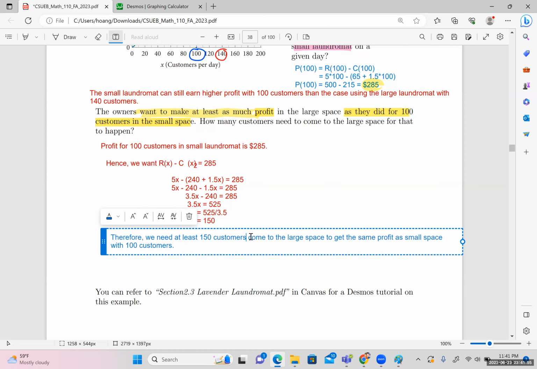All right. So if you want to make more, the profit has to be greater than or equal to the profit of the small space, written with the subscript small space.